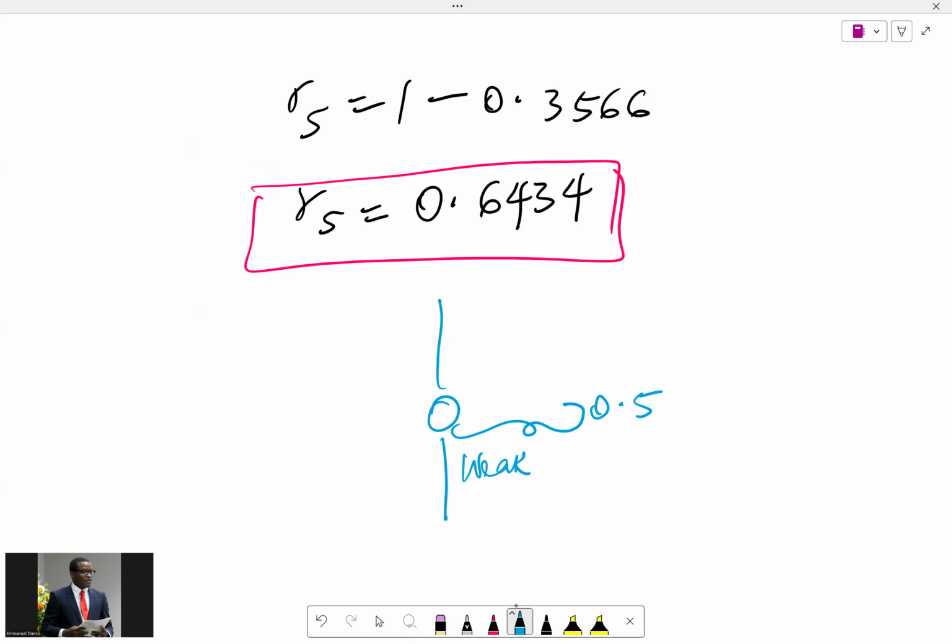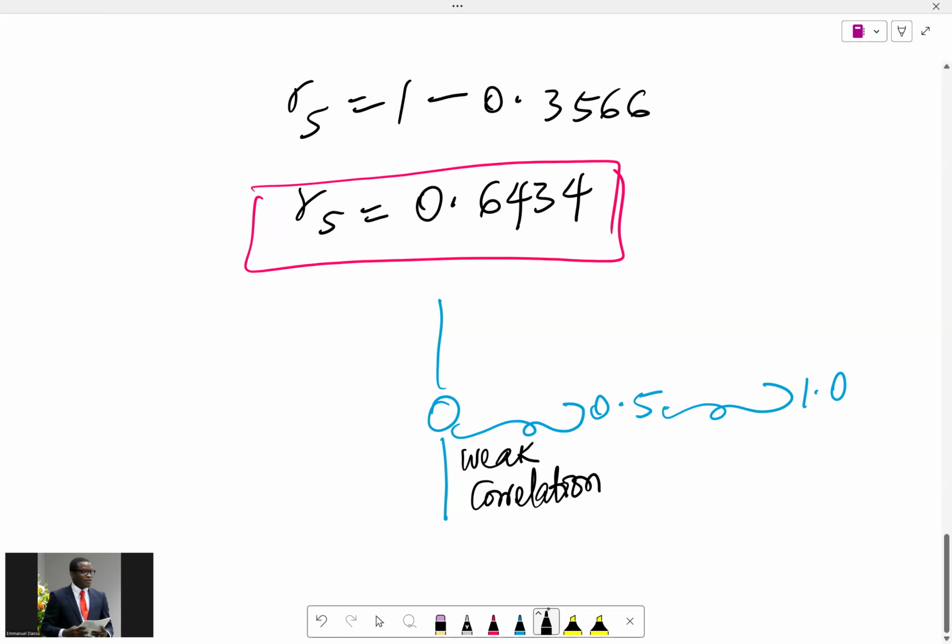We can say very weak. Okay, let me leave that and come back later. You have 0.5, then from 0.5 to 1.0, I mean, we have classifications for all of these things, but let's say from 0 to 0.5 is weak correlation.